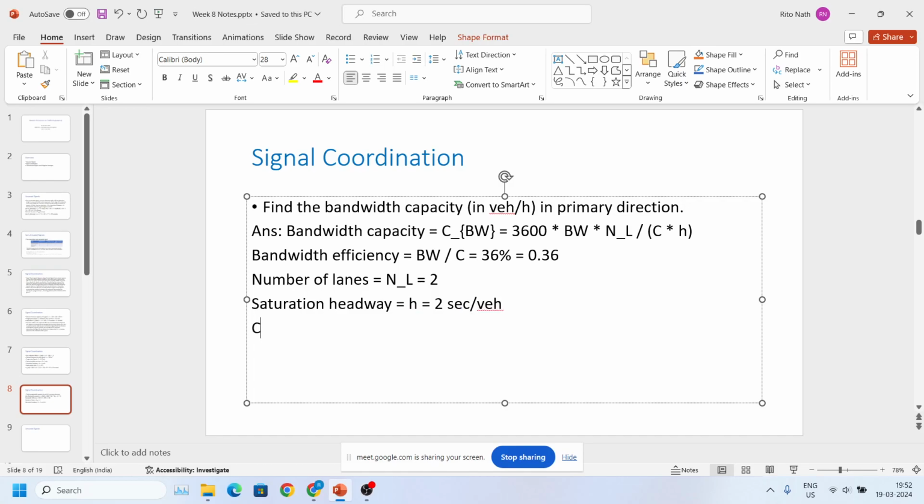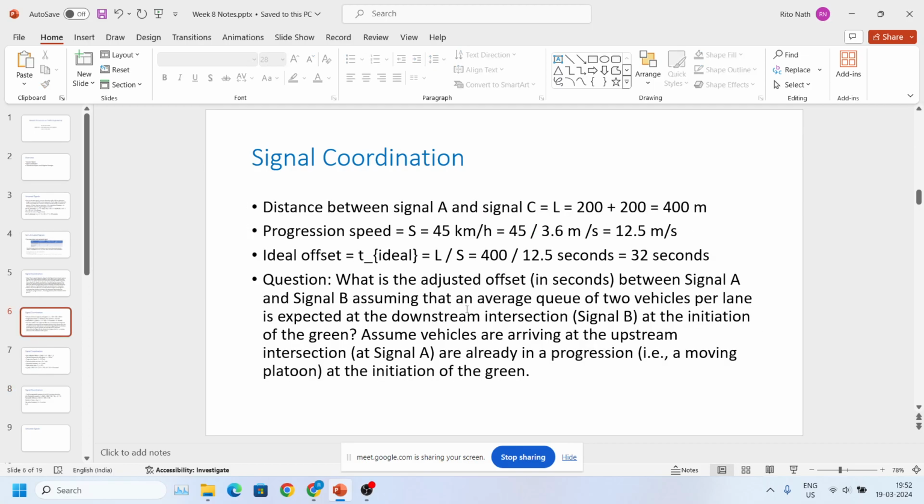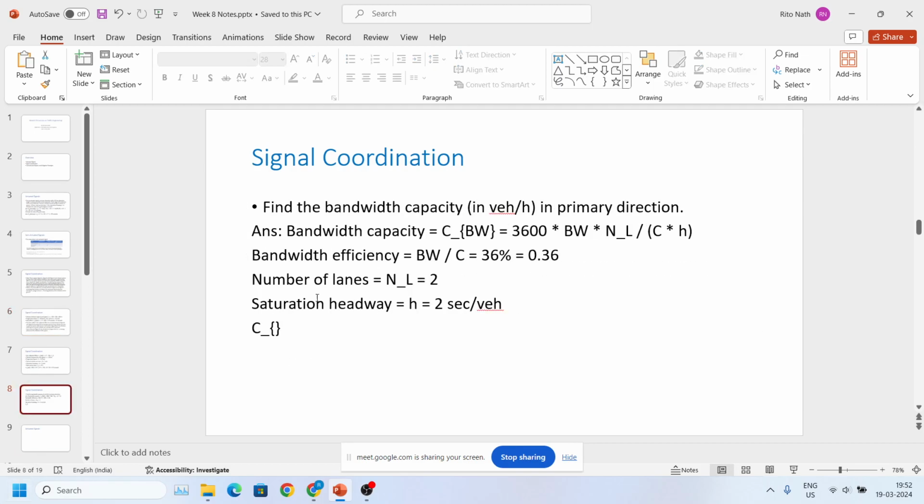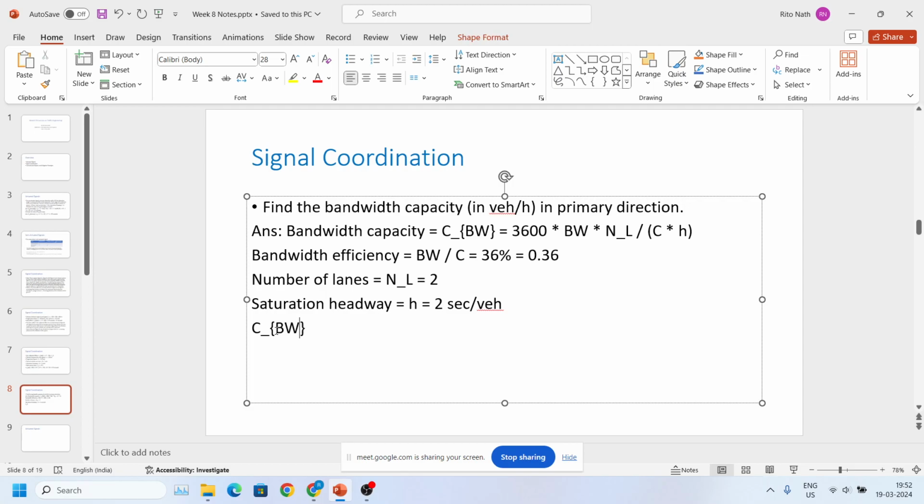Now this will give you the value of C BW. So this is 3600 times BW by C, which is 0.36, times 2 lanes, divided by 2 seconds. So it's 3600 times 0.36. That would be your final answer.